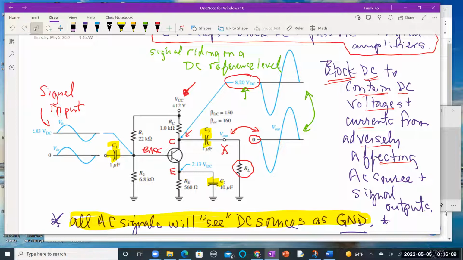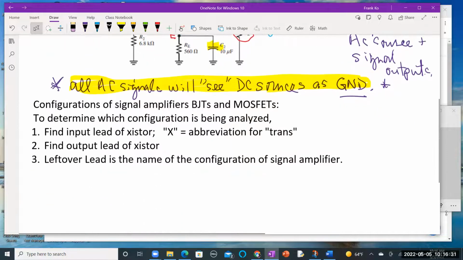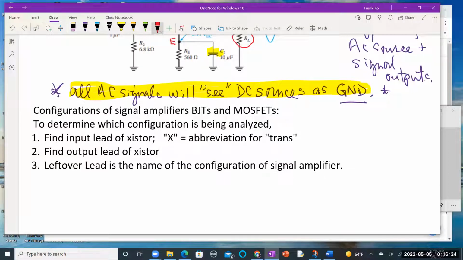They have a different word for BJT than MOSFET. The upper lead for a MOSFET would be a drain, you have a gate on the left, and you have a source on the bottom. But they all work the same. So we'll start with this, since it happened to have the pictures for it. So we have a collector. If the signal goes in the base, the input lead turns out in this particular case to be the base. And the output lead here turns out to be the collector.